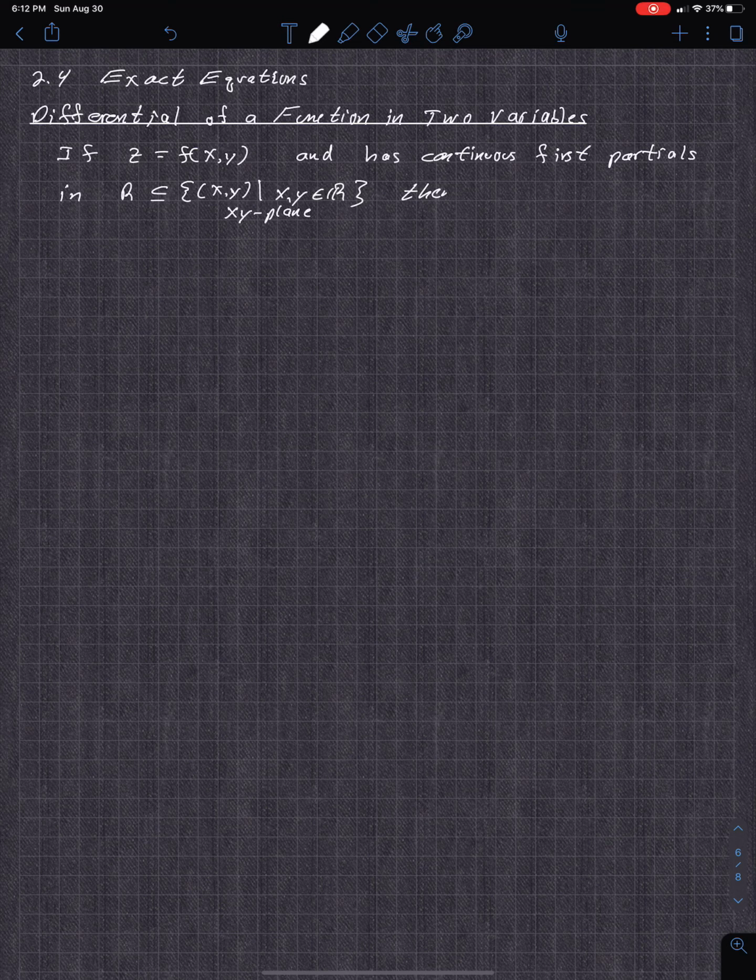Then, since z has continuous first partials, the differential can be written like this. So its differential dz is equal to the partial of f with respect to x dx plus the partial of f with respect to y dy.